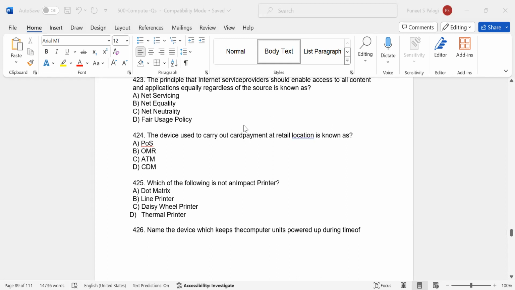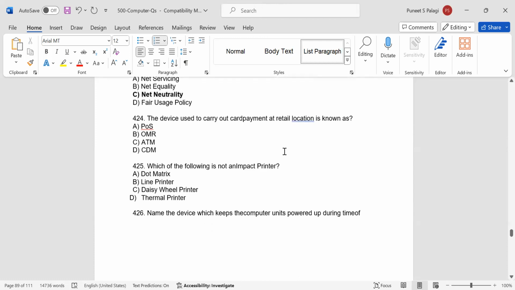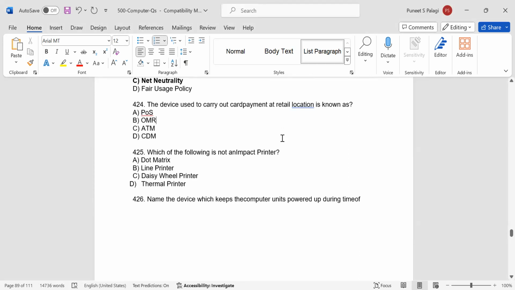It is net neutrality. The device used to carry out card payment at retail location is known as POS.